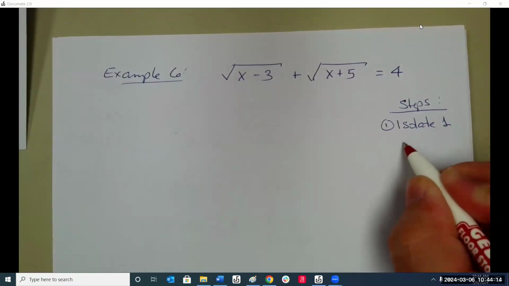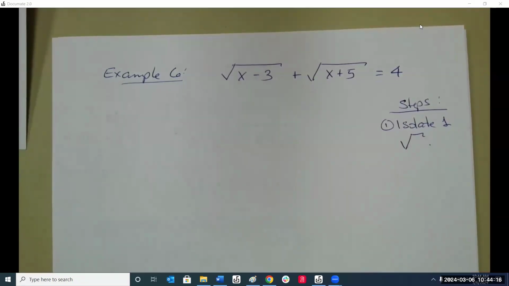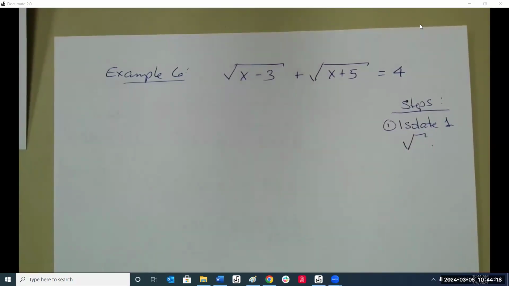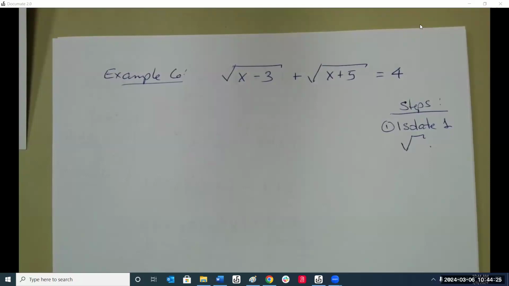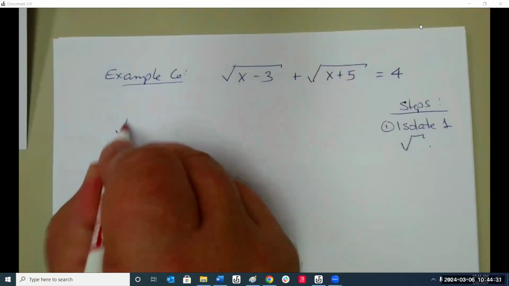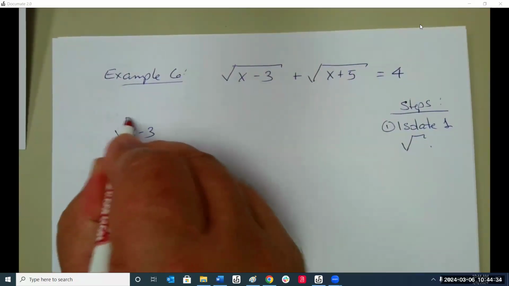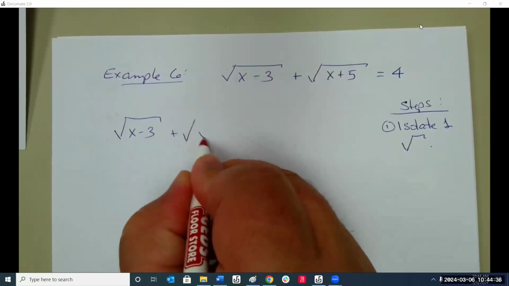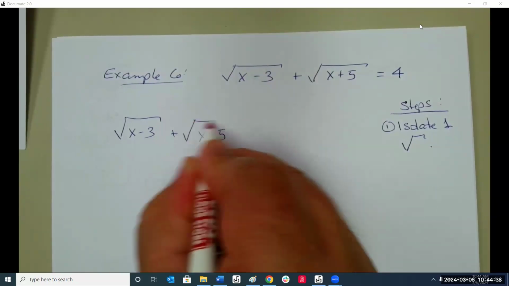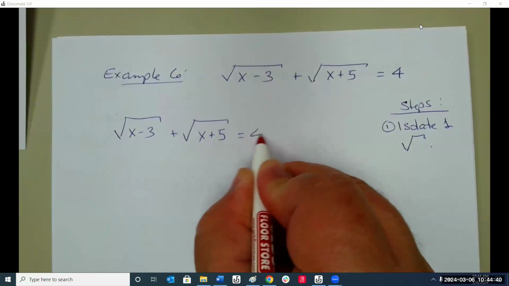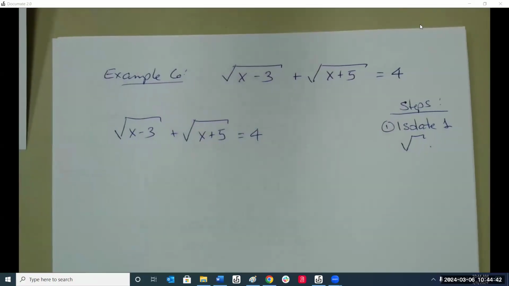Isolate one radical. You have to get one radical by itself on one side. So which one are you going to move to the other side? It really doesn't matter which one you move, because if there's a solution, it'll work no matter which one you move over.